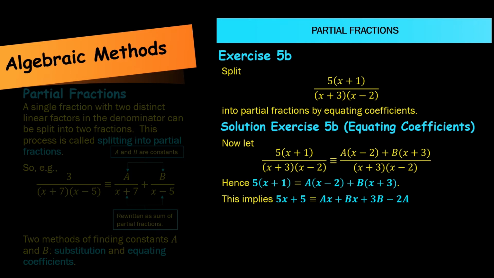So on the left-hand side we have 5x plus 5, and on the right-hand side, if we multiply and tidy up, we have ax plus bx, we've put the x's together, plus 3b minus 2a. We've put the constants together.